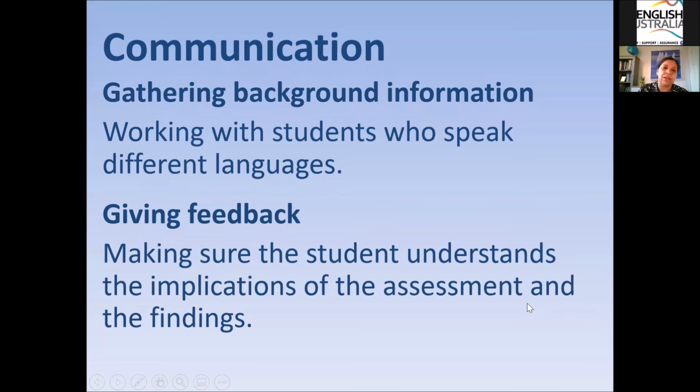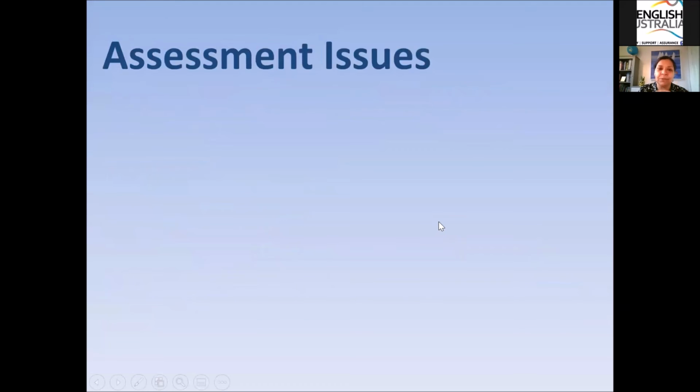So understanding how we give feedback, how we communicate to the learner what we are trying to do with them, is really, really important. We're going to have a look at the assessment tools and how we assess. So assessment tools.